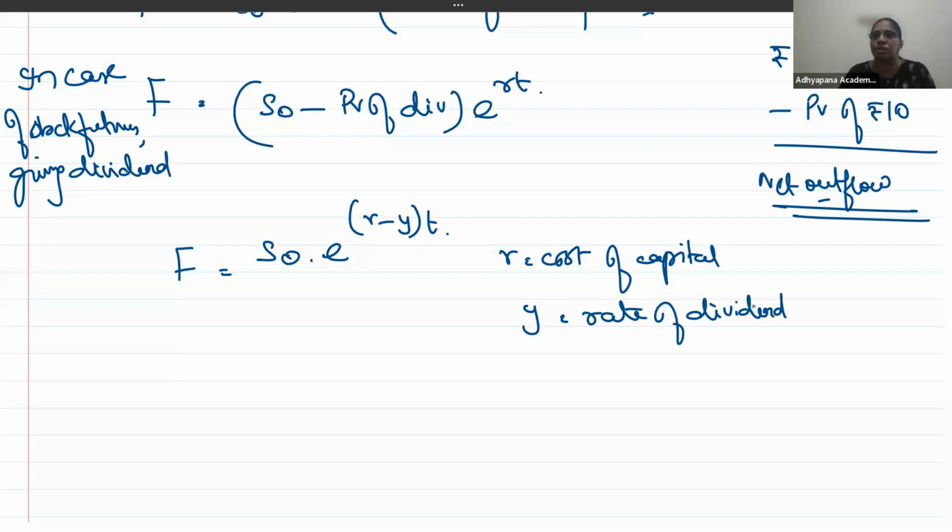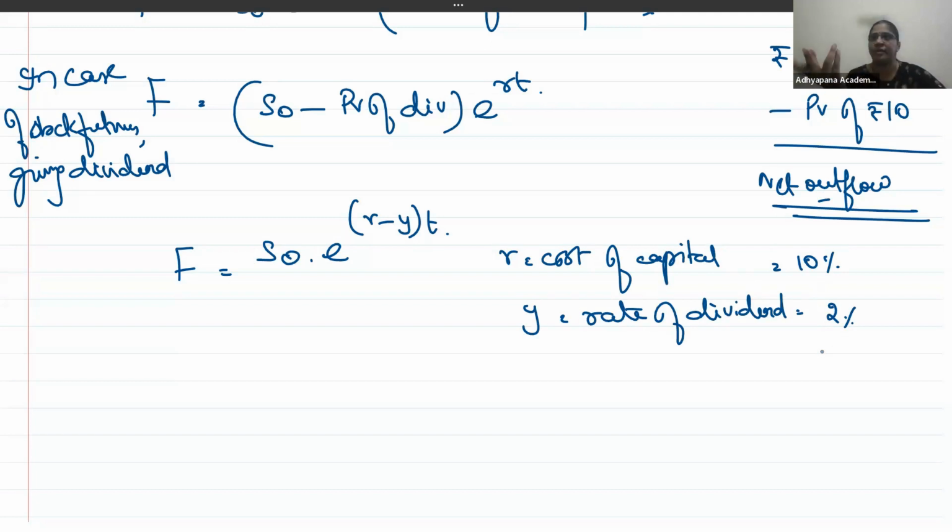If the organization agrees to give you 10% as the rate of return, that is the cost of capital to the company, but it has already given you 2% dividend, which means only the net 8% will grow.